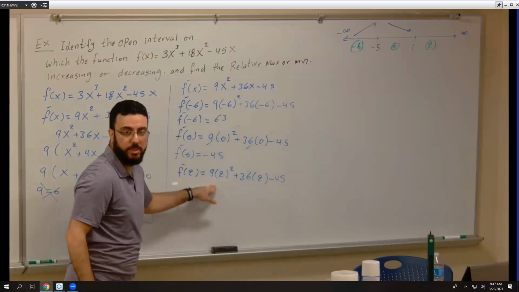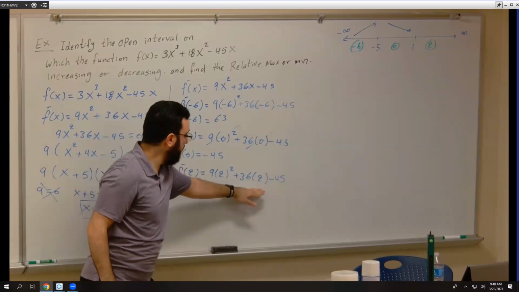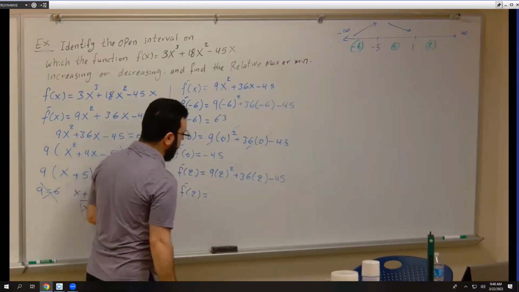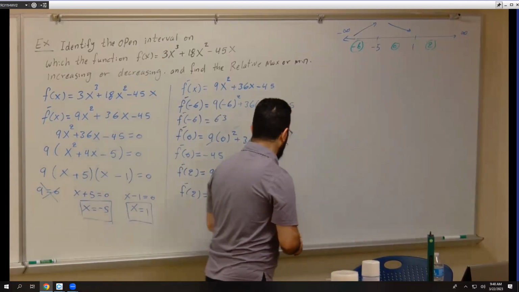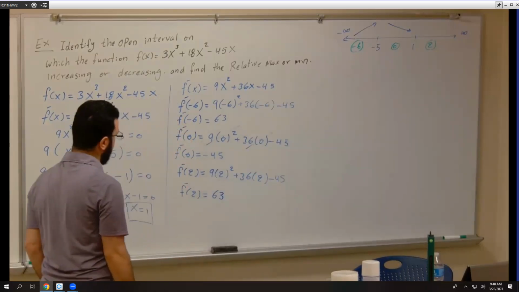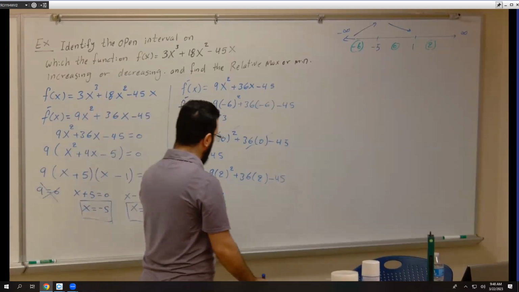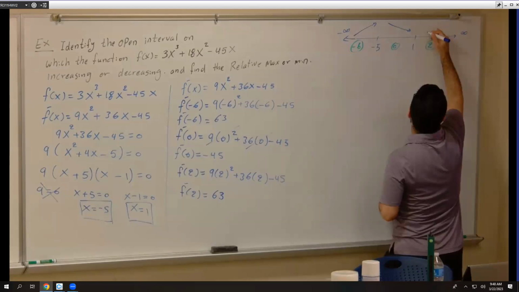This is also positive, so the result is going to be positive. F prime of 2 is equal to 63 as well. Anyway, it's a positive number. That means this one is going to be increasing.